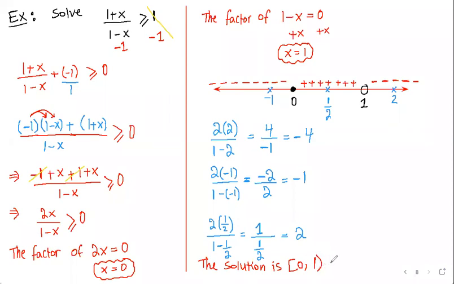So the solution is the interval from 0 to 1, with 0 closed and 1 open. And to draw this on the real line, the same idea as before. We have the real line here. We have the 0. We have the 1 as open. And here is the solution.